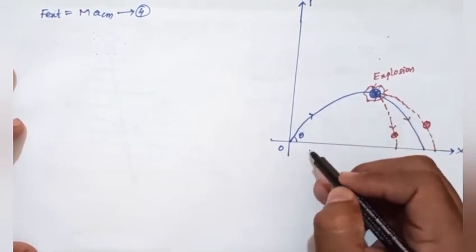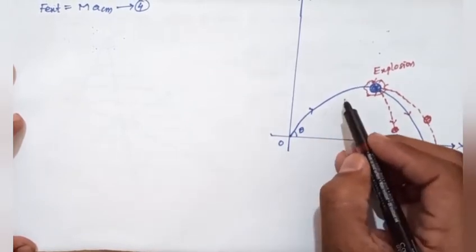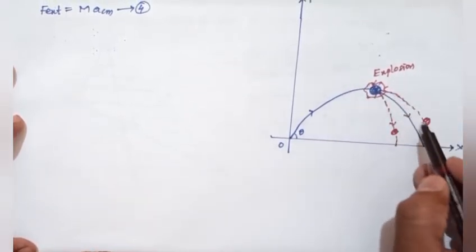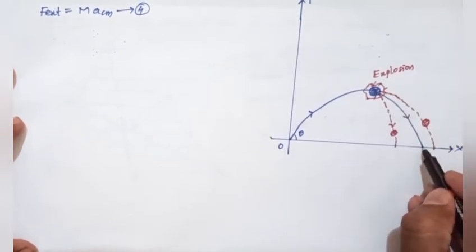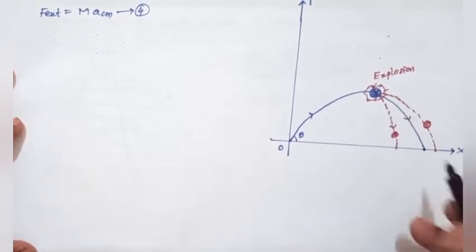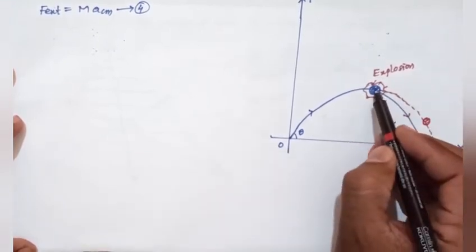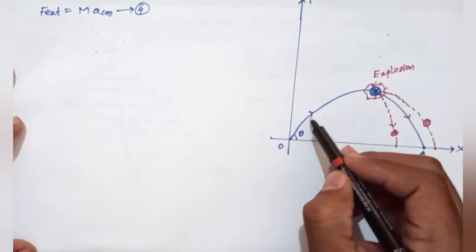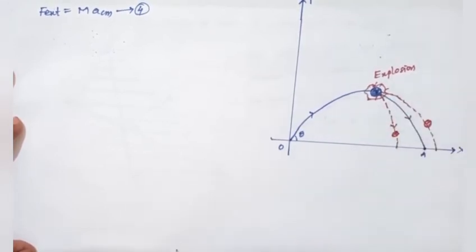It moves without explosion and falls down at point A. The center of mass of the bomb does not change here.